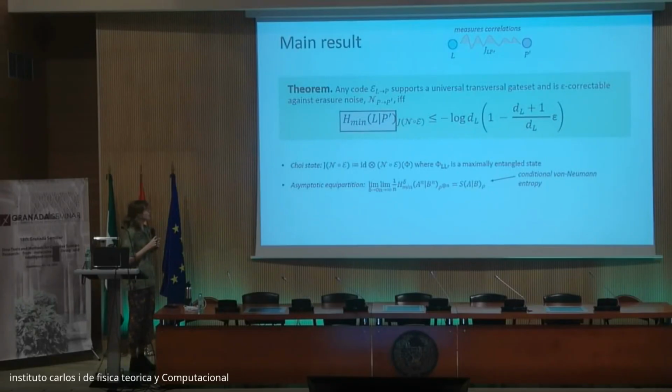And so what's this? This is a conditional min entropy. So you take the conditional min entropy of this joint Choi state. And essentially what this entropy measures is correlation between the logical Hilbert space and the physical Hilbert space.